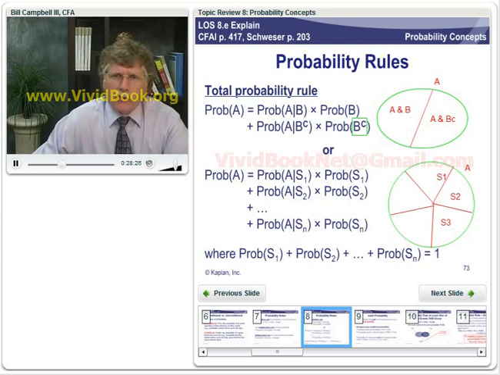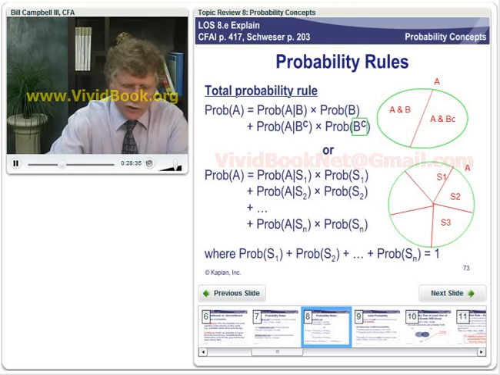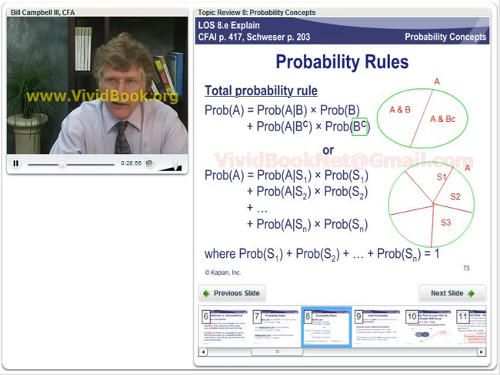That is, I want you to write another note down here. S1, S2, dot, dot, dot, Sn are mutually exclusive and collectively exhaustive.